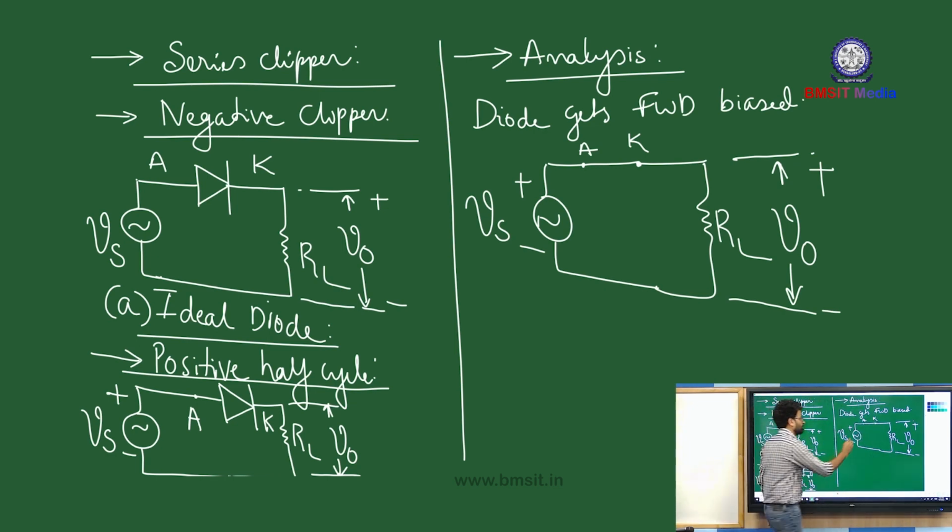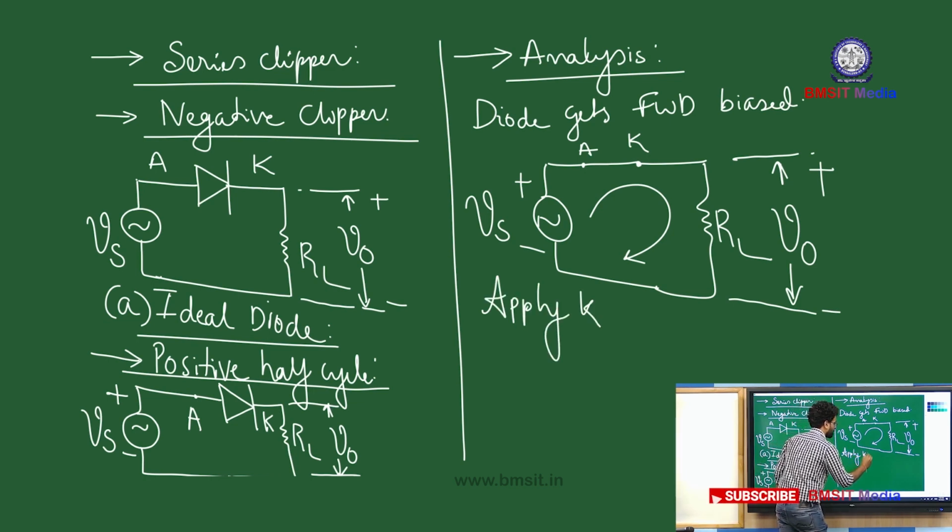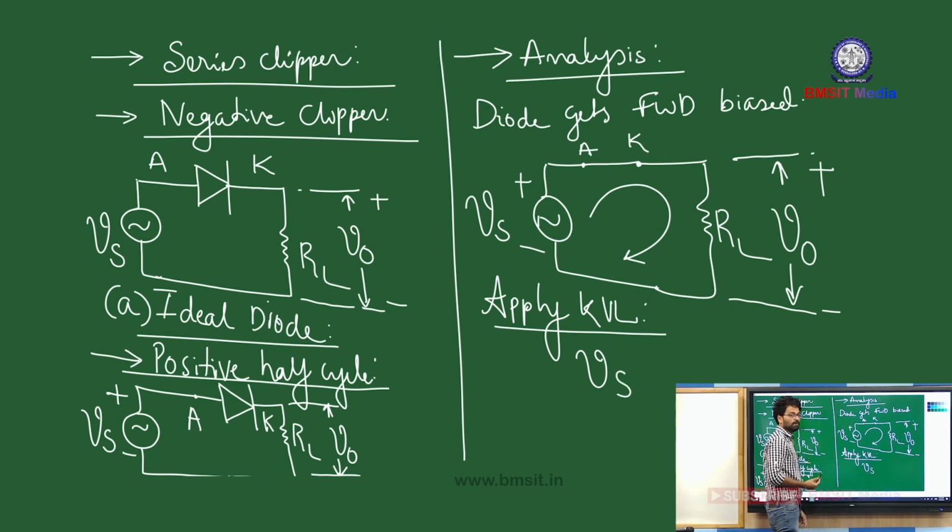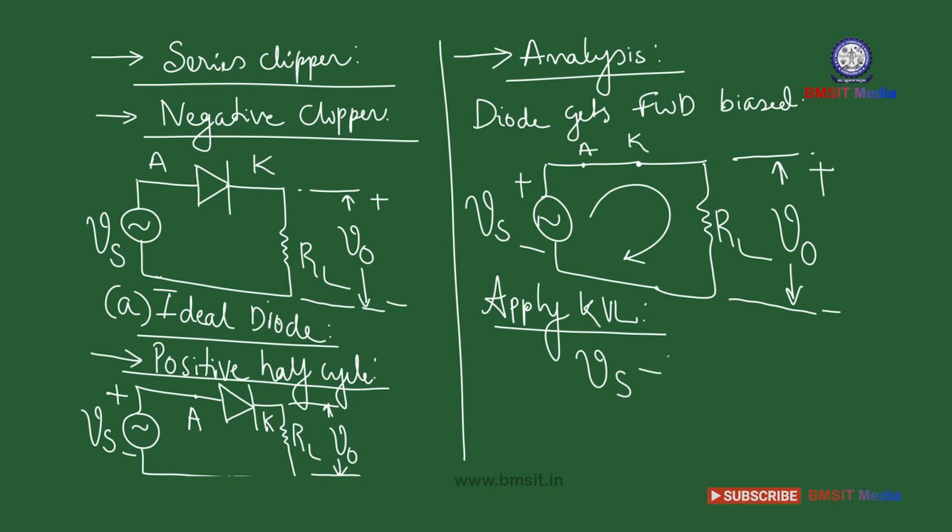If you apply KVL in this closed path, you trace the two potentials, source voltage Vs and load voltage V0, which is equal to 0.